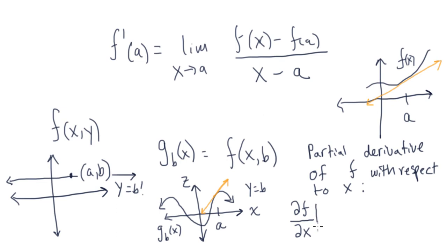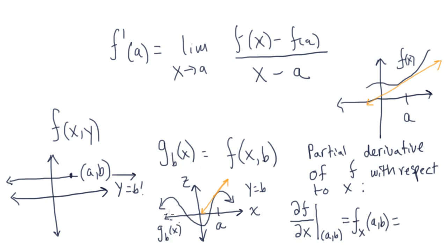And then of course we're evaluating this at the point a, b because we're interested, just like up here, we're looking at the derivative evaluated at a. Here we're looking at the partial derivative evaluated at a, b. So that's one way to notate the partial derivative of f. Another way is f sub x of a, b. But what is it actually?